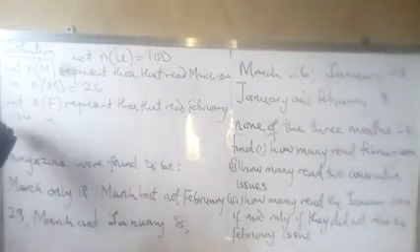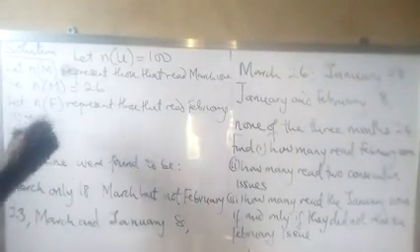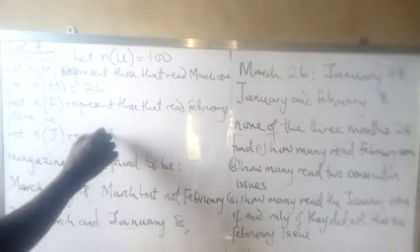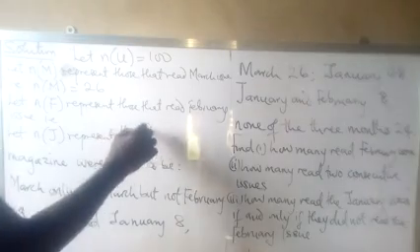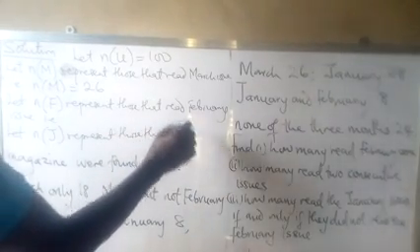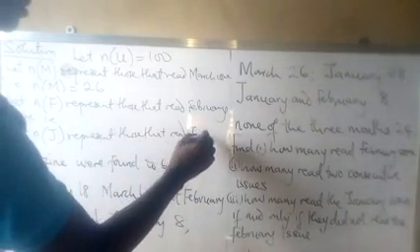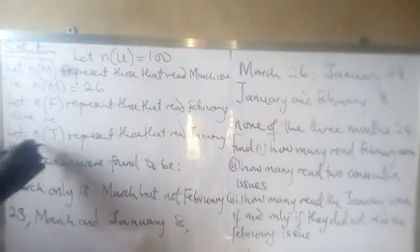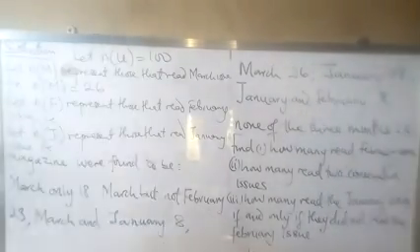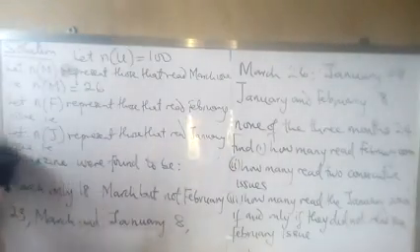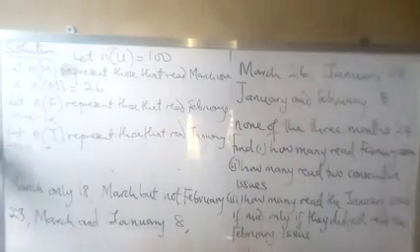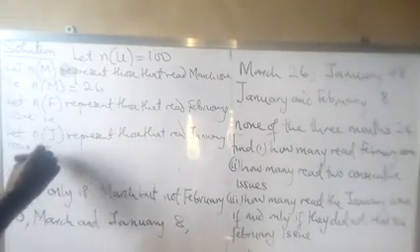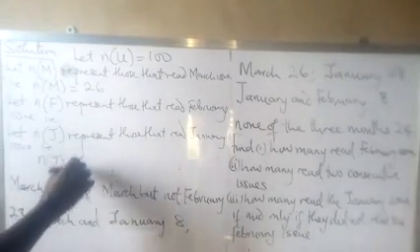Now let N of J represent those that read the January issue. Are we given that? For January, we have 48. N of J is 48.